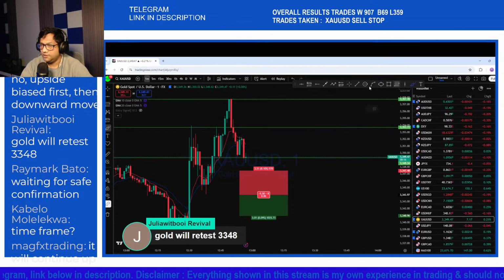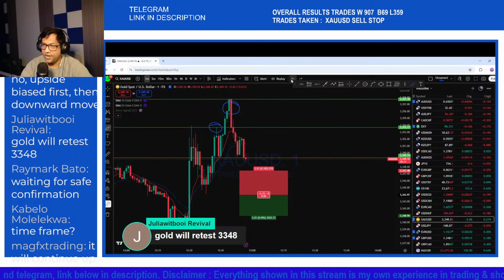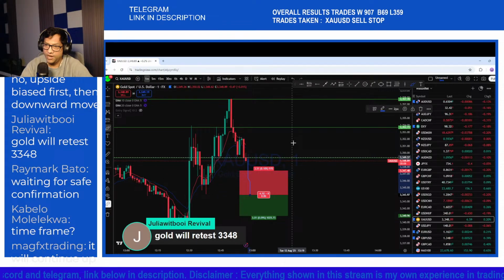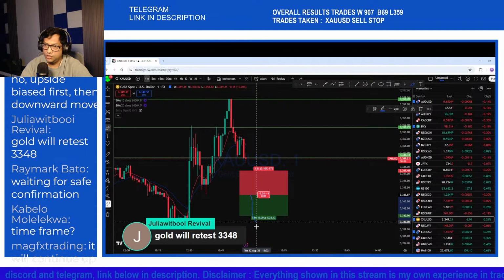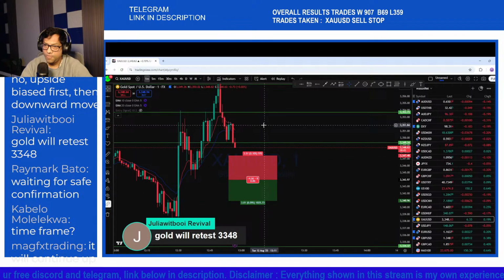Here is a head, left shoulder, and the right shoulder. It formed that head and shoulder, and that head and shoulder could lead the price back here, even possibly coming further below in that direction here.